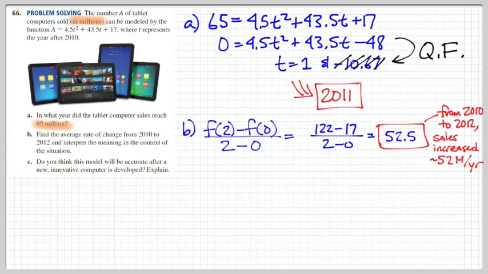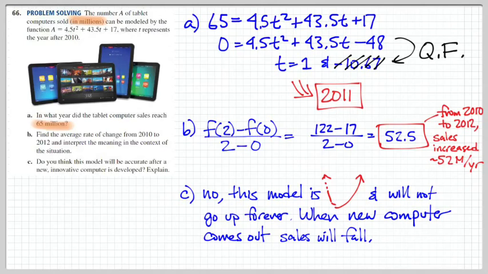I plug 0 into the equation, I get 17. So then my overall average rate of sales is 52.5. And what it means is this. From 2010 to 2012, sales increased 52 million every year.